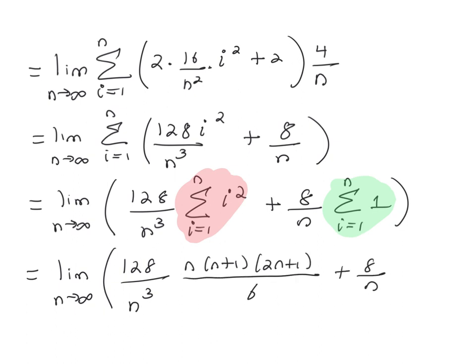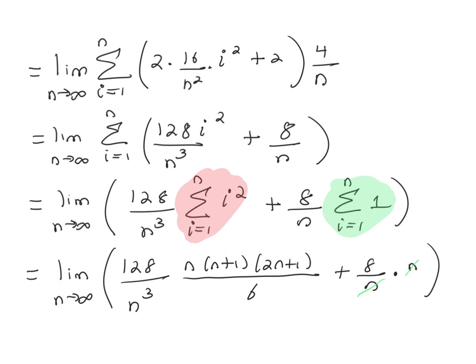For 8 over n, the sum of I going from 1 to n of 1 is simply n. This is great because in the second fraction, this cancels with that. That last piece is just 8. It does not even depend on n, so the limit as n goes to infinity of this thing is just the number 8.